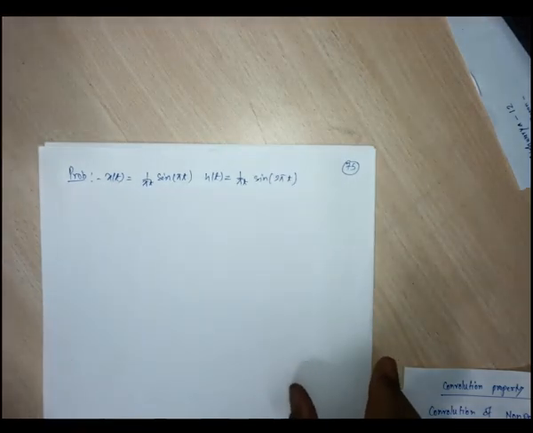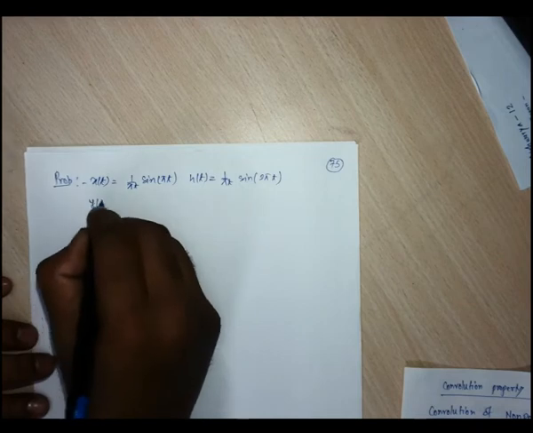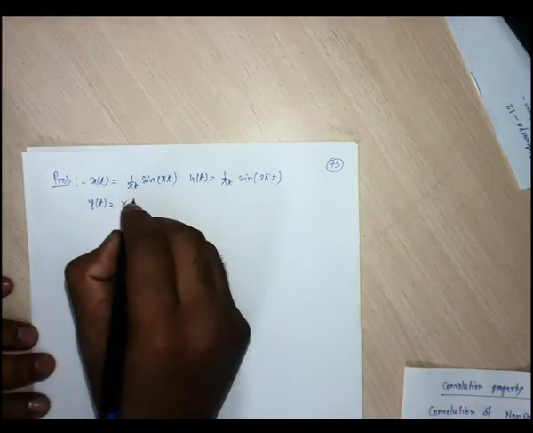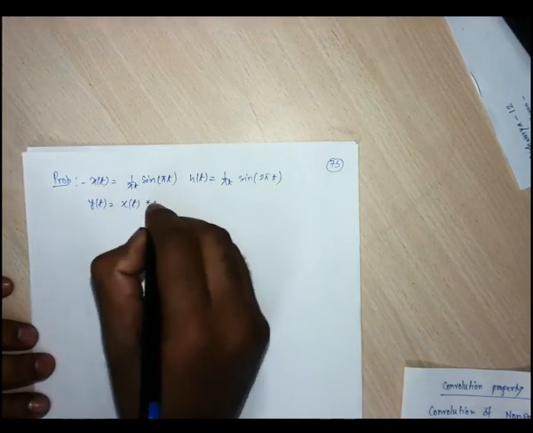We need to find the output y(t) as the convolution between this x(t) and h(t).